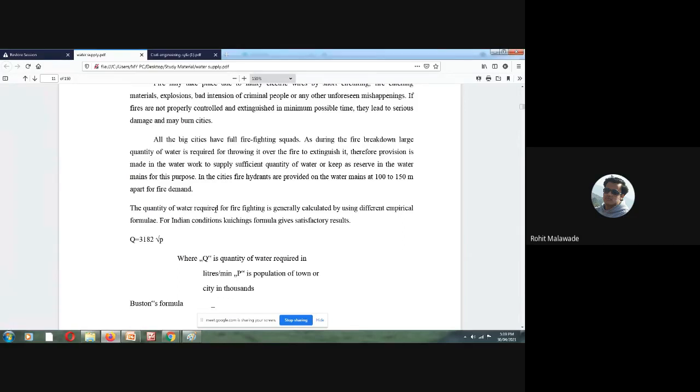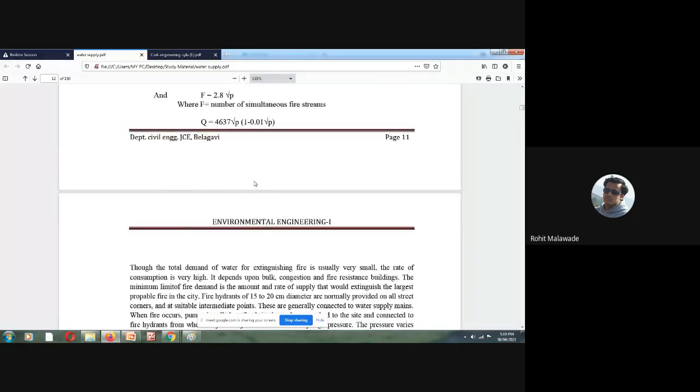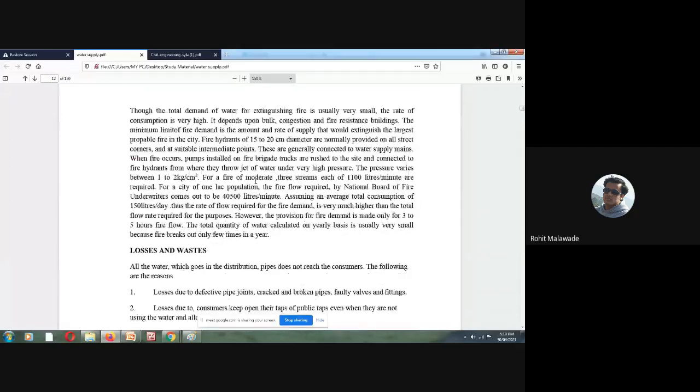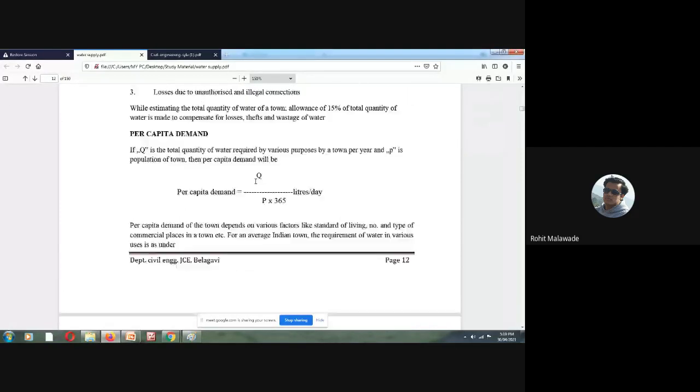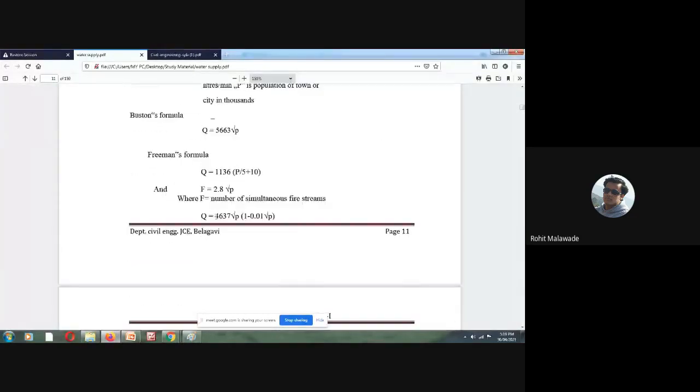So you need to remember these four equations when you solve the problems: Kuchling's formula, Buston's formula, Freeman's formula, and the National Board of Fire Underwriters formula.